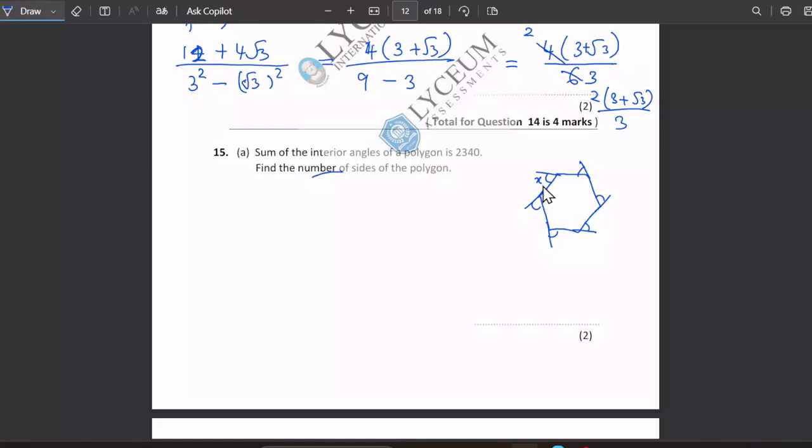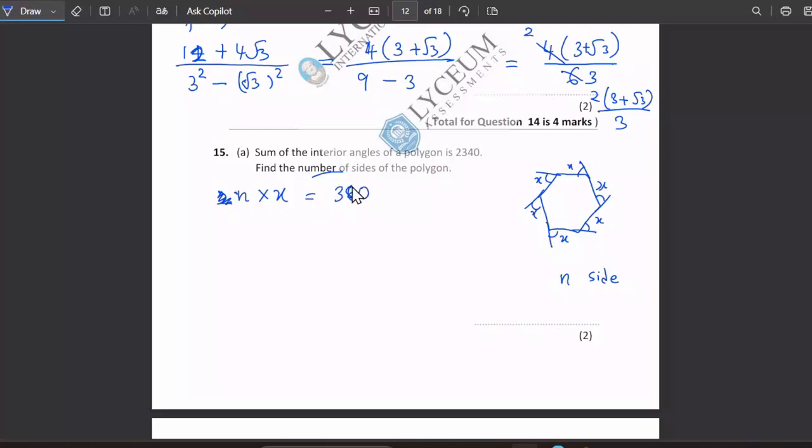Okay, so again we don't know how many sides there are. So we can say if all these exterior angles are x, and there are n sides, then how many x's are there? n times. So n times x should be equal to 360.